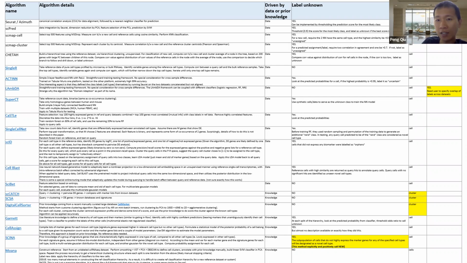Okay, and another column here, another sort of feature that I think is worth mentioning is whether or not these algorithms can utilize multiple reference data sets. Because while single-cell RNA-seq has been out there for 7 years already, and people are routinely generating more and more single-cell RNA-seq data and making them available, very often also along with the author's clustering results and annotations, right?